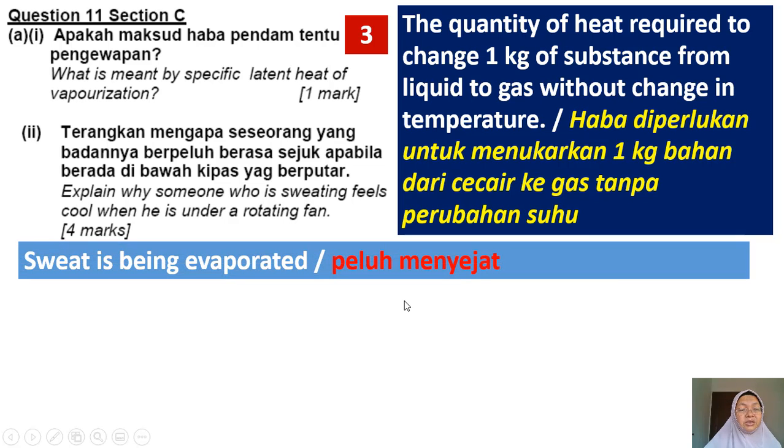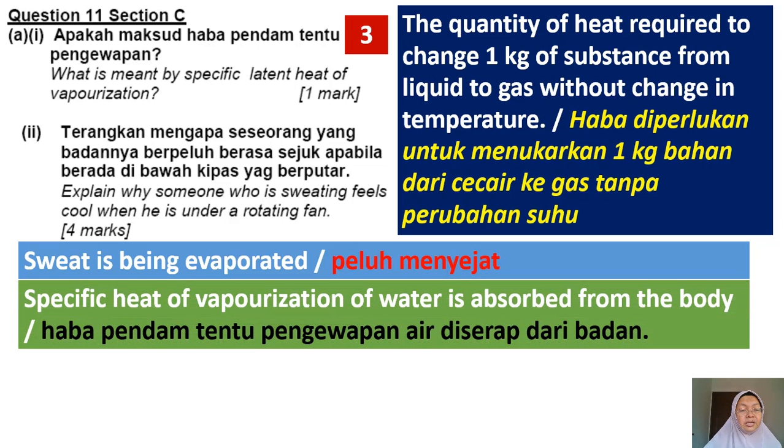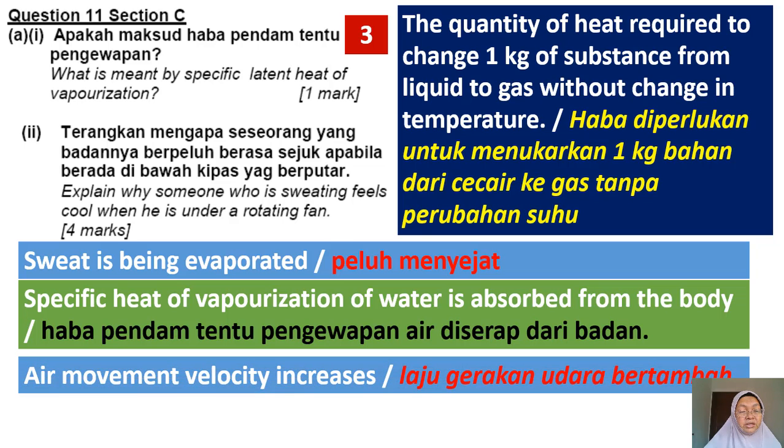Jadi markah pertama, sweat is being evaporated. Okay, peluh menyejat. Specific latent heat of vaporization of water is absorbed from the body. Jadi haba pendam tentu penguapan air diserap dari badan untuk menyejat pada permukaan kulit. Yang ketiga, air movement velocity increase.